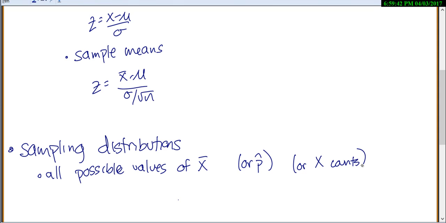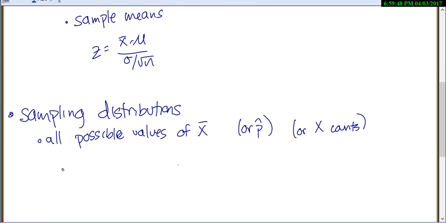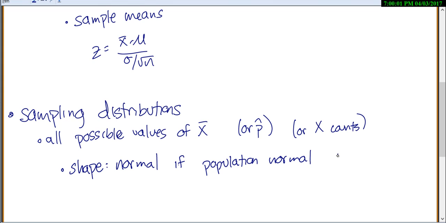In your sampling distributions, it'll say things like, if we took a sample, what's going to happen? It might ask you what the shape is. And the shape is going to be normal if the population is normal, or our sample size is at least 30.